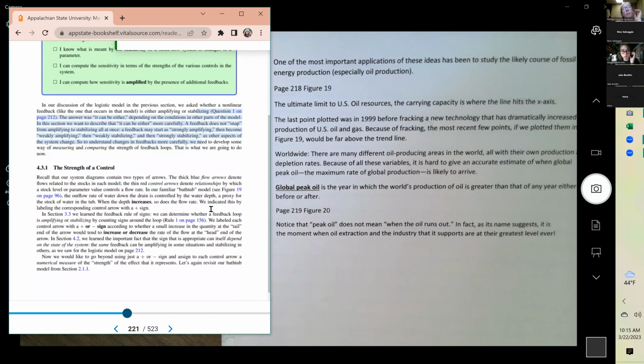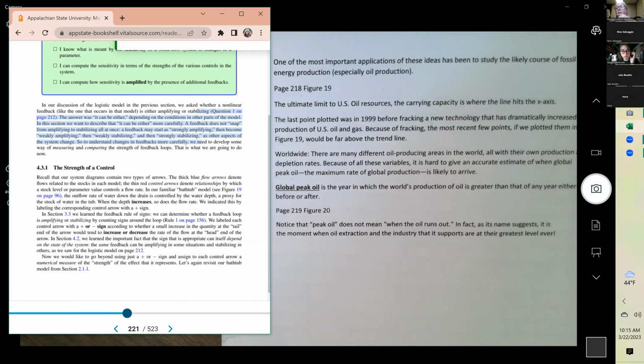This section, you know how we had the charts, the flow charts, and we put the plus and minuses. This next section, 4.3, is going to add values to those.